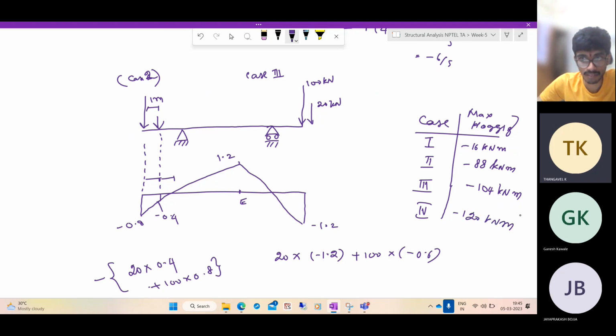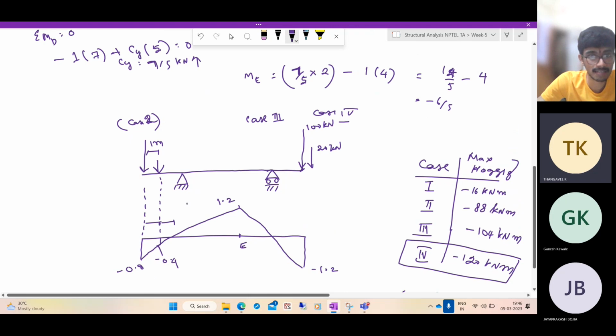So the maximum comes here, when the smaller load has left the span and the larger load 100 is just at the end. This is when we have the maximum bending moment at this point. So this needs to be corrected. That is also physically reasonable, right?